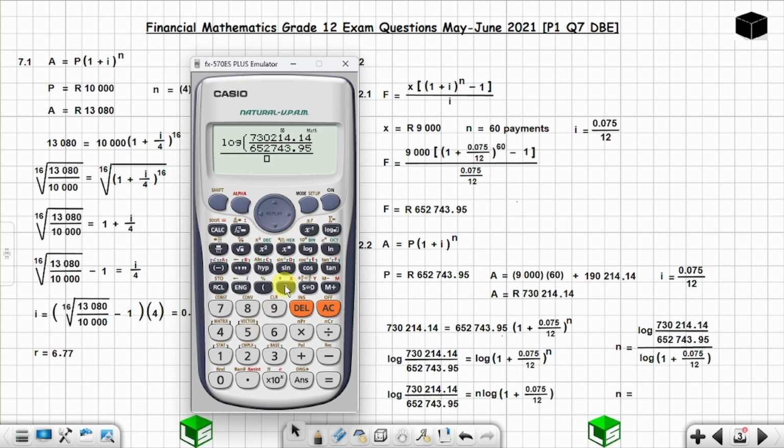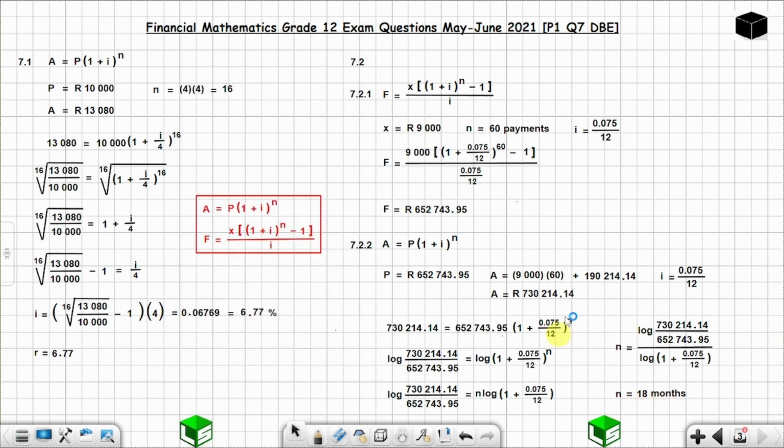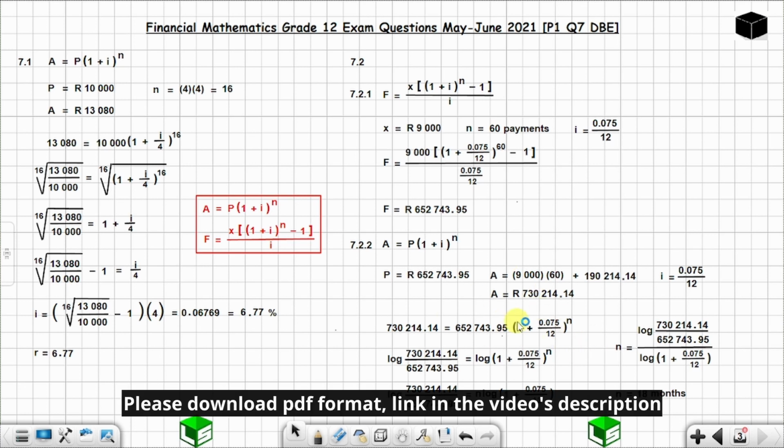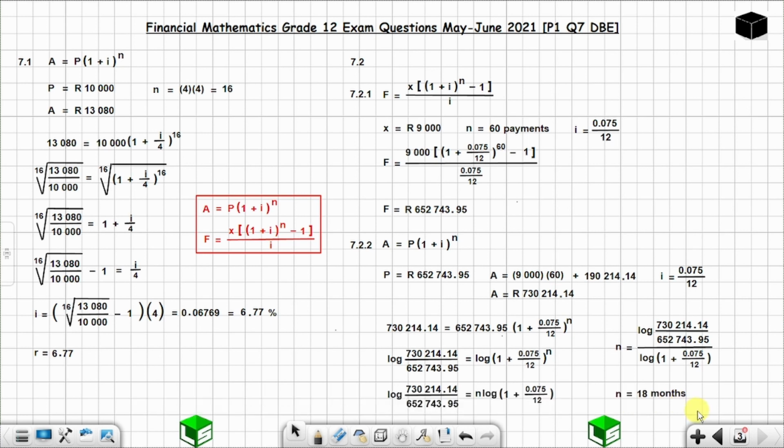Let me close the bracket, over log of 1 plus 0.075 over 12, close the bracket. This is equal to 18. So 18 months, because this was compounded monthly. So you are going to have your answer in months. This is the final answer to question 7.2.2.